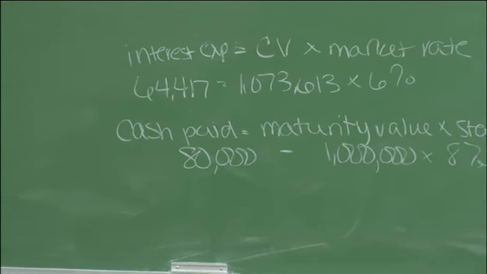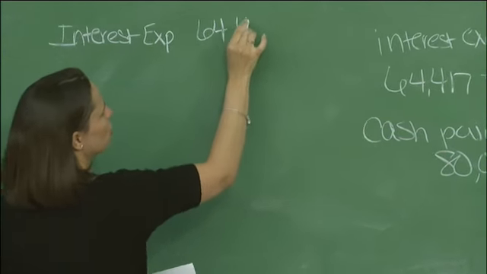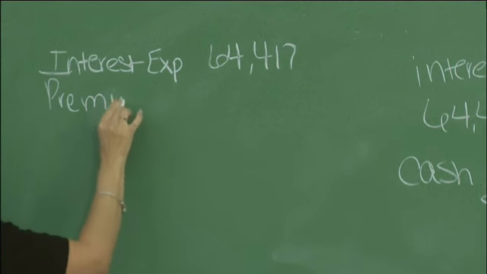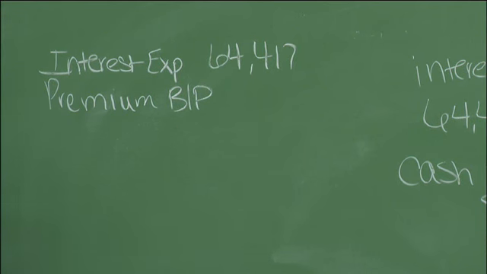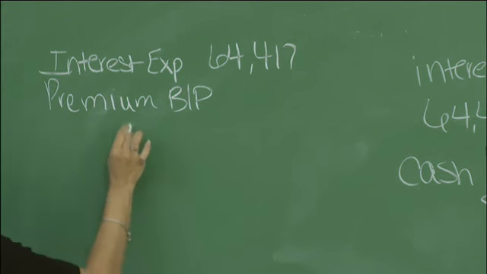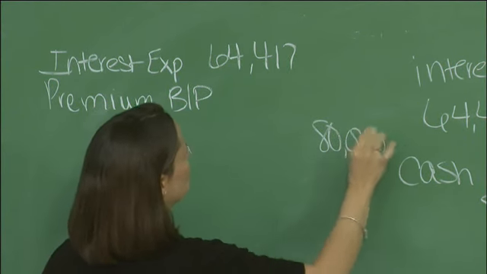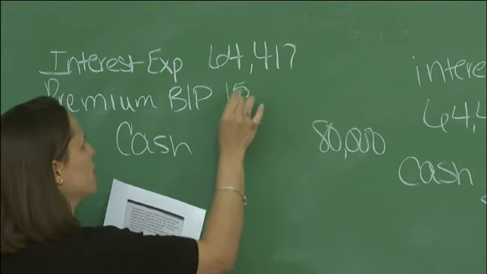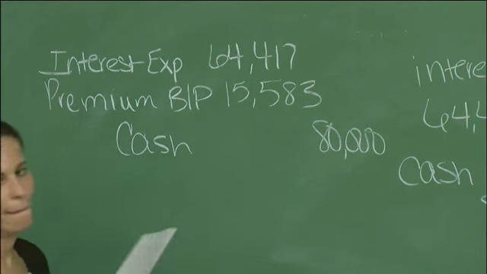In a premium, we debit our interest expense for that $64,417, debit our premium on bonds payable, which we're going to calculate, that's our plug number, and credit our cash, which is $80,000. We get our premium on bonds payable then is $15,583.